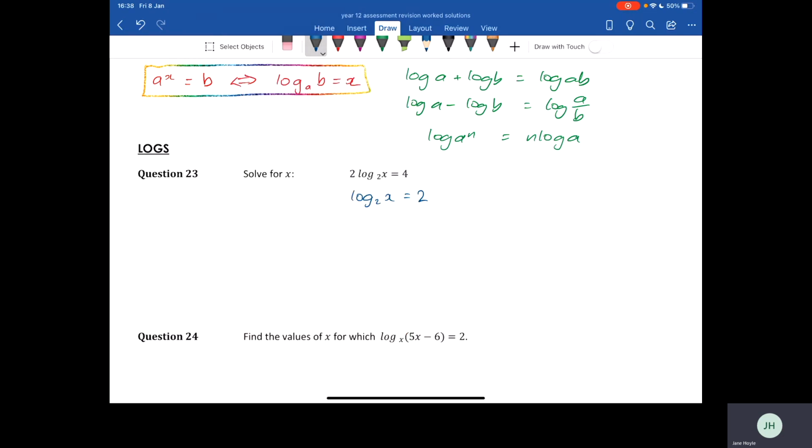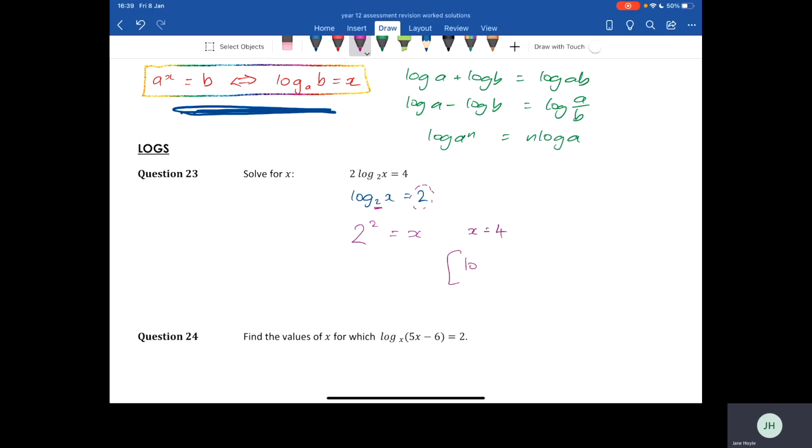Now, if you use this rule, think clearly what each of these things are. So this 2 here is the base. That 2 there is the power, and that is equal to x. So x equals 4, and let's just have a check.